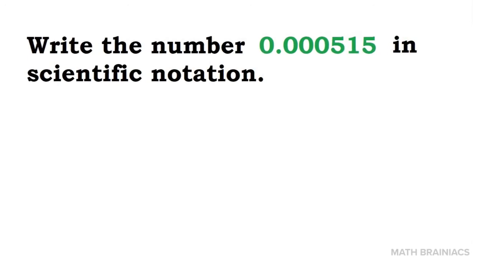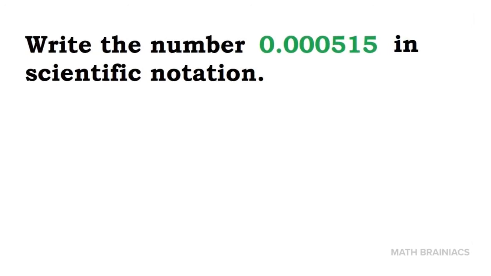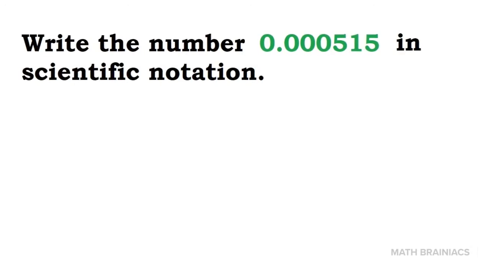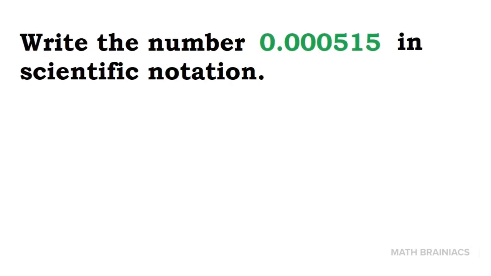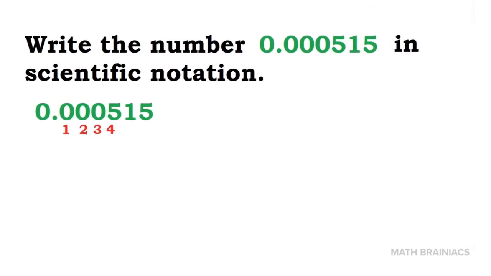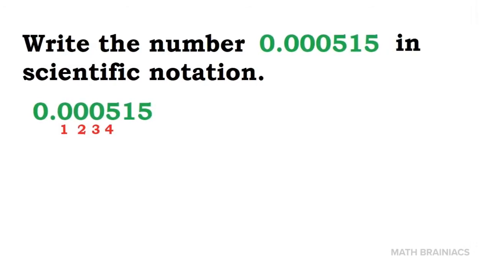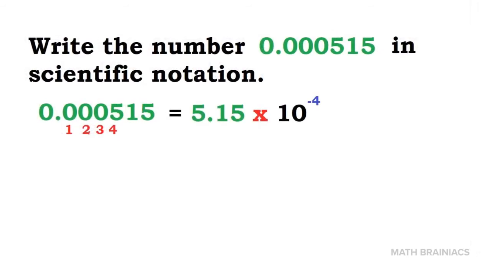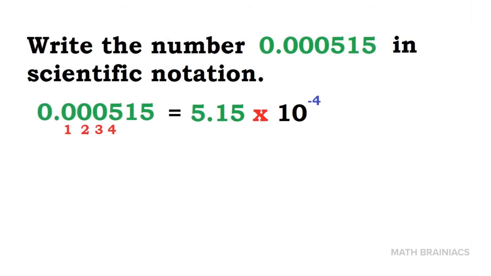Let us work on this example so that you can fully understand the lesson. Write the number 0.000515 in scientific notation. You can spot right away that after the decimal point, there are 4 numbers more after the first real number. Consequently, we can place the decimal point after 5, and our exponent is negative 4.